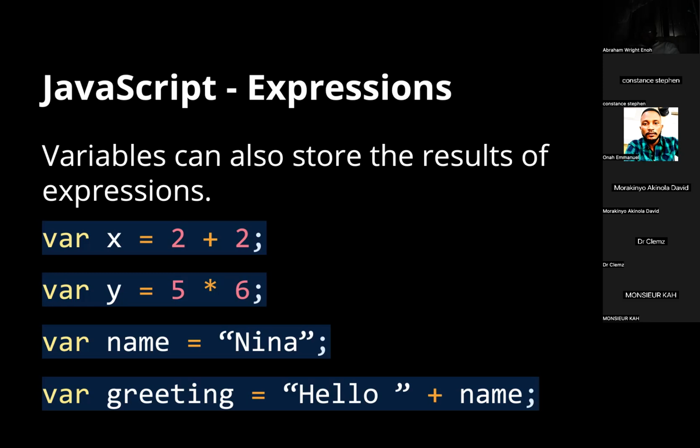And in case you'll be thinking, what will be the expression in terms of strings? This is it here. Var greeting, hello, Nina. In the expression of the hello, you are concatenating a value plus the value that has been declared before upstairs, right?